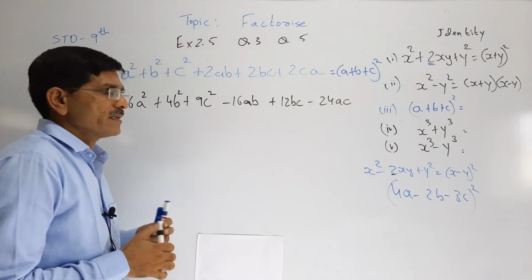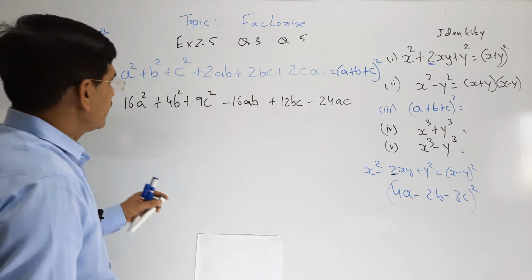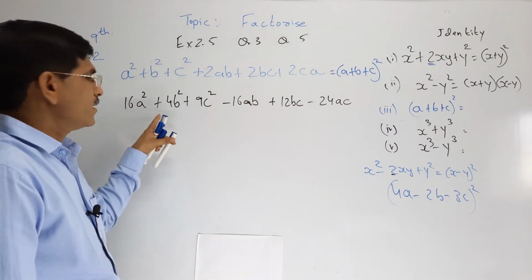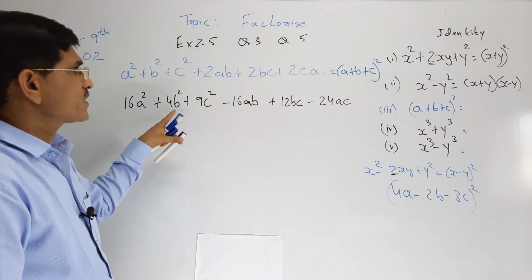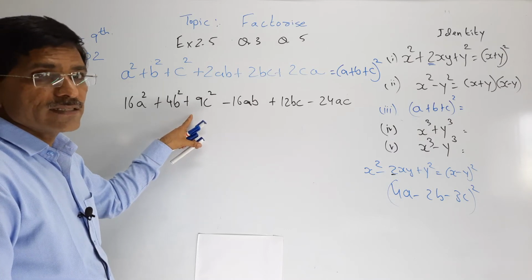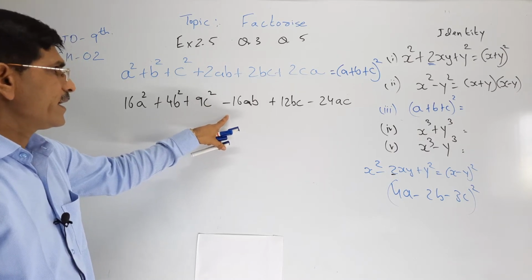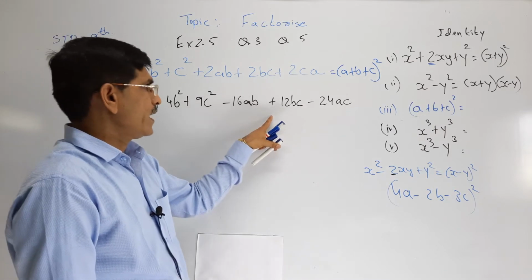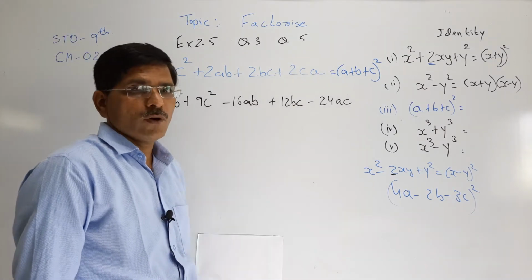That type of question is here. Again, 16a square plus 4b square plus 9c square minus 16ab plus 12bc minus 24ac.